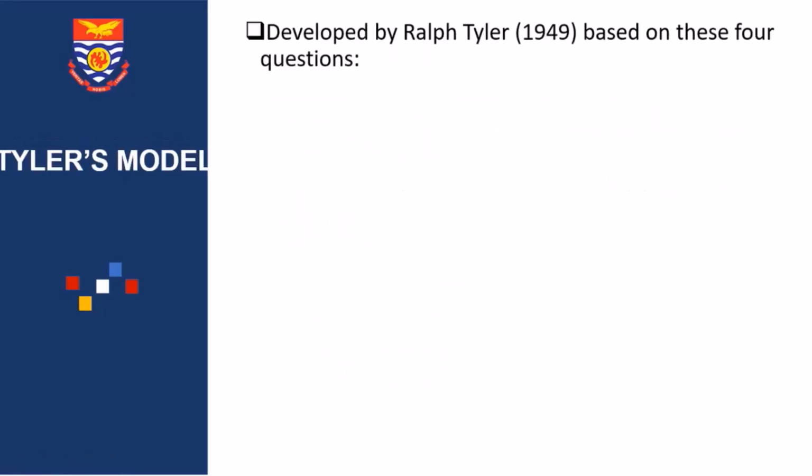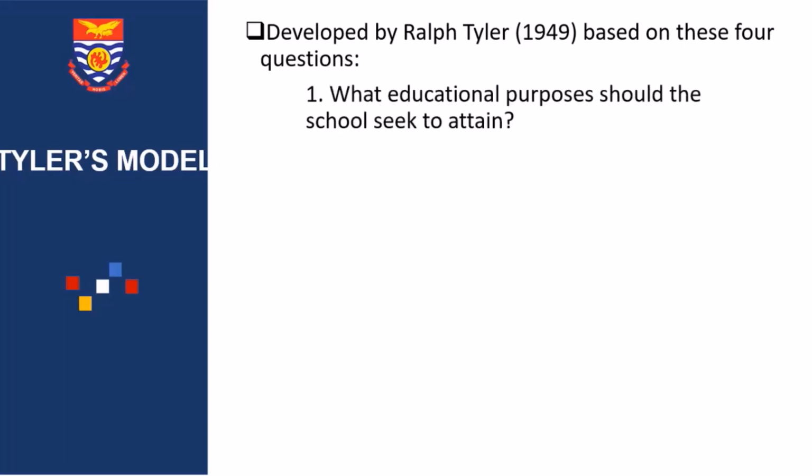Tyler's model. This model was developed by Ralph Tyler in 1949 based on his 4 questions. He asked 4 questions and then translated those questions into what is now referred to as Tyler's model. The 4 questions he sought answers for include: what educational purposes should the school seek to attain?